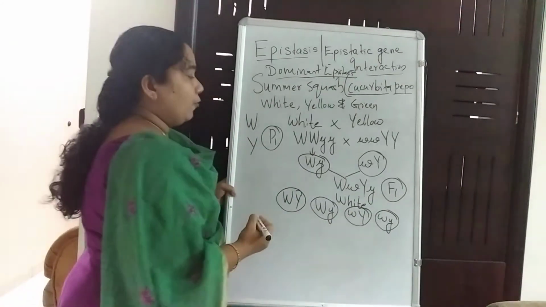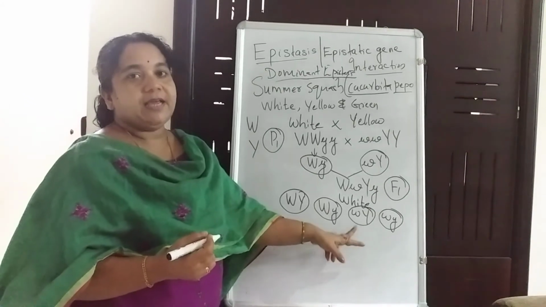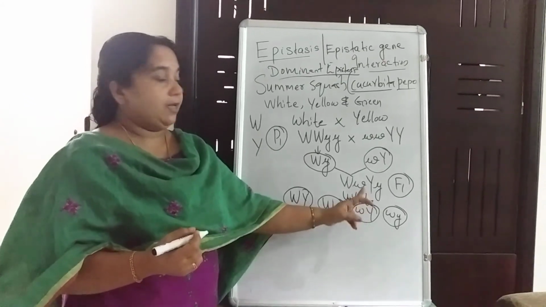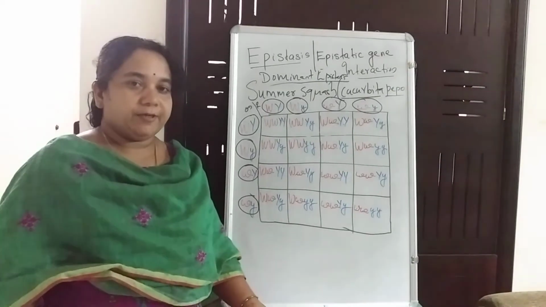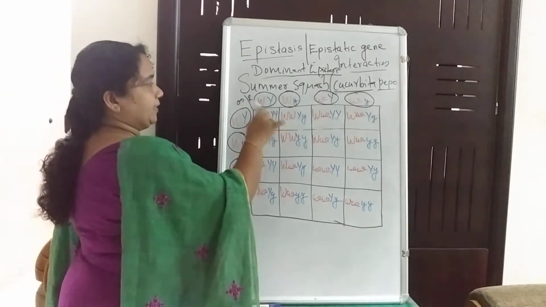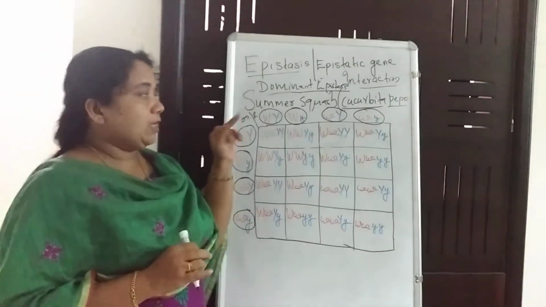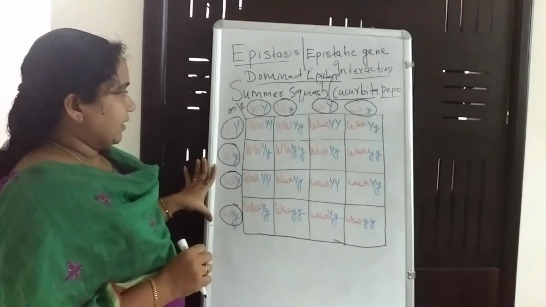These are the 4 different gametes produced from this white F1 heterozygous progeny. Okay students, for easiness I have written it like that. There are 4 different gametes, so we can write it like this.